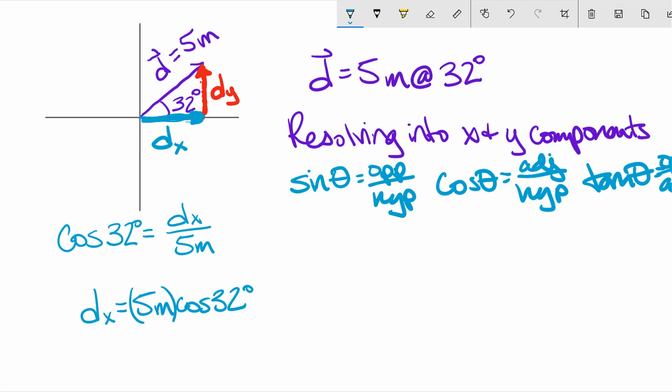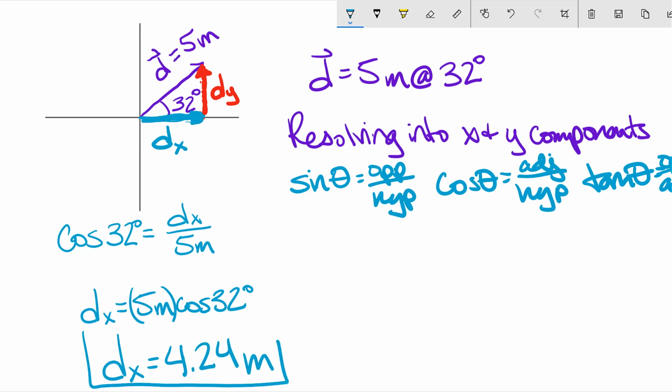If we plug that into our calculator, dx turns out to be 4.24, and then we have to have our unit, meters. That is the x component of this vector d.